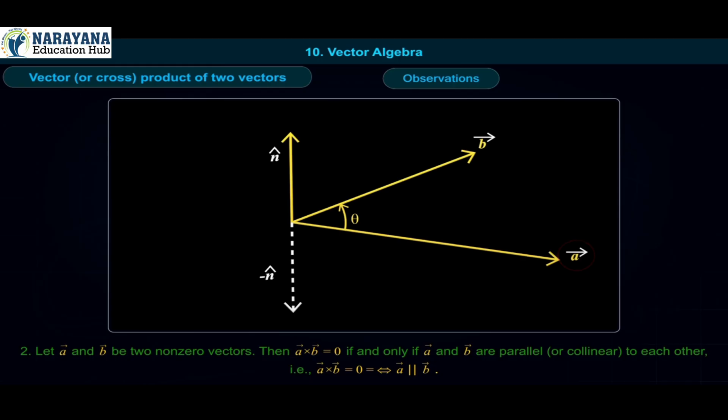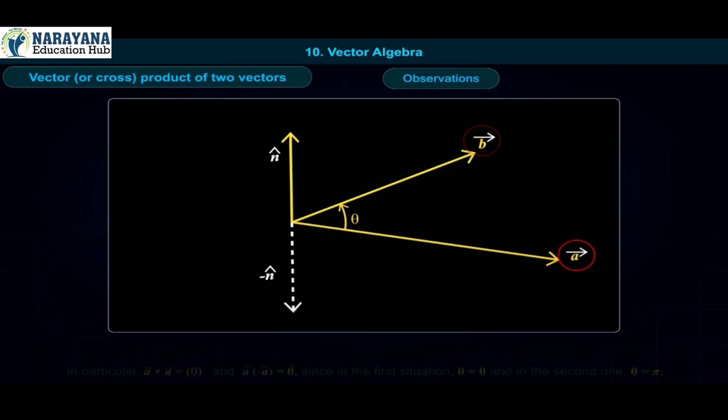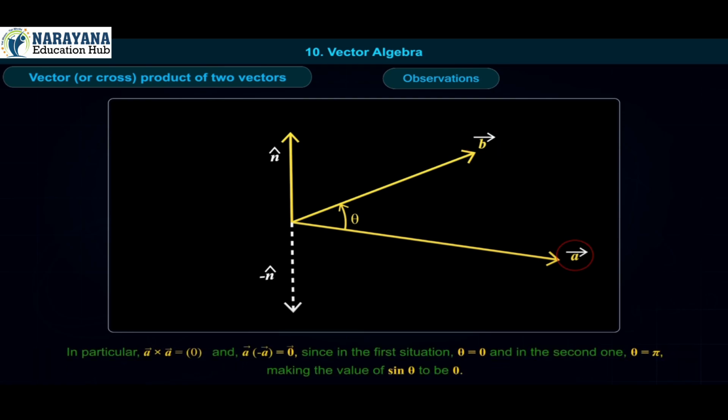That is, vector A cross vector B is equal to 0 if and only if vector A is parallel to vector B. In particular, vector A cross vector A is equal to the zero vector, and vector A cross minus vector A is equal to the zero vector, since in the first situation theta is equal to 0 and in the second one theta is equal to pi, making the value of sin theta to be 0.